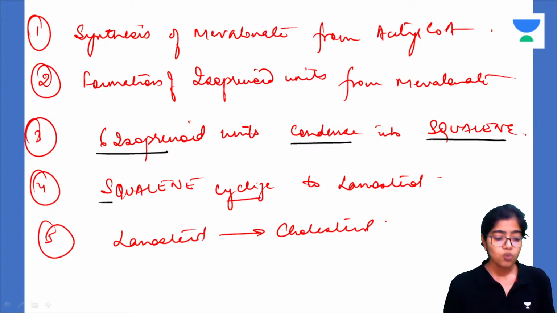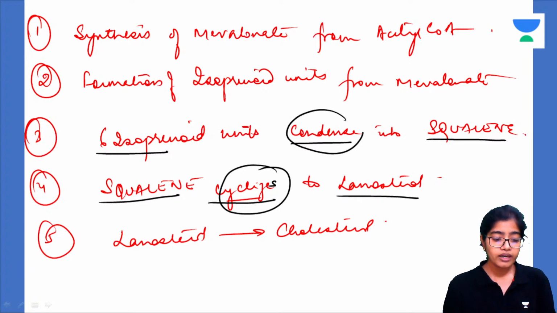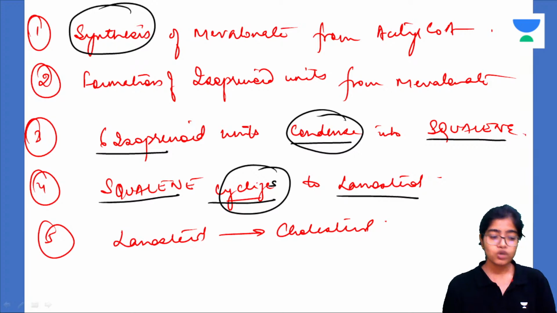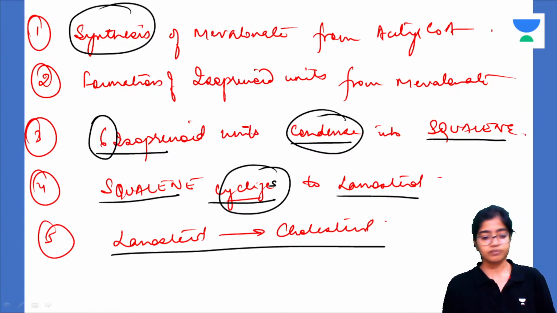Then squalene cyclizes into lanosterol. The important terms: cyclization, condensation, synthesis, again synthesis or formation. 6 isoprenoid units. Then conversion of lanosterol into cholesterol.